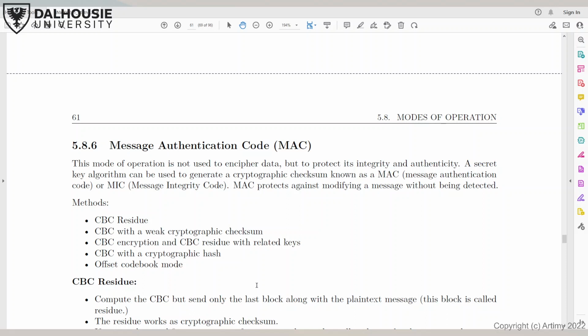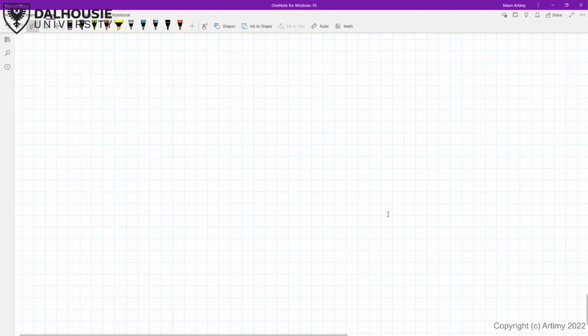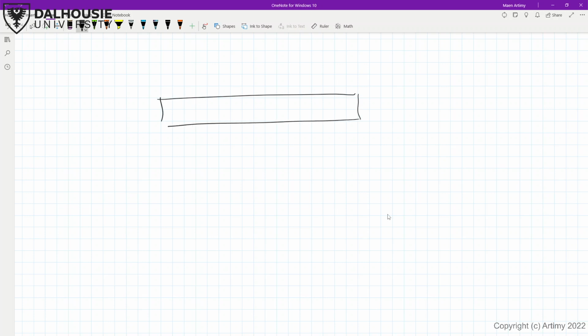So we may not need to encrypt the message itself, but we can take the checksum of the message, encrypt the checksum, and send it with the message. So now anybody who tries to tamper with the message will not be able to change the encrypted checksum. So here is the message, right?